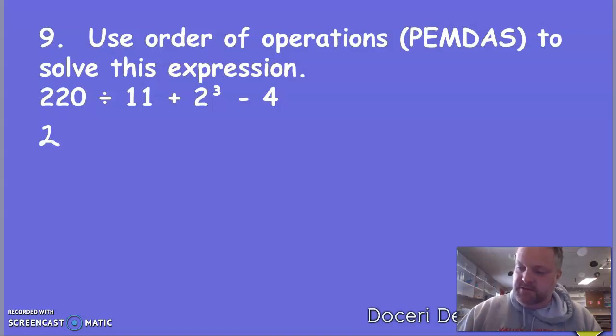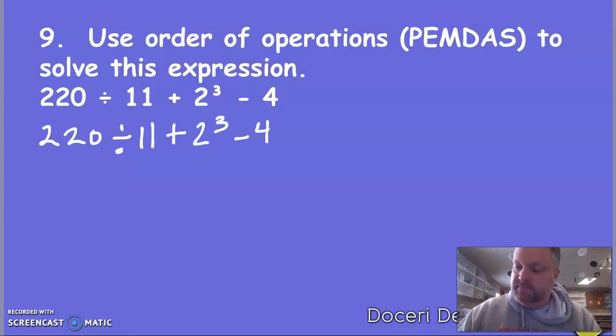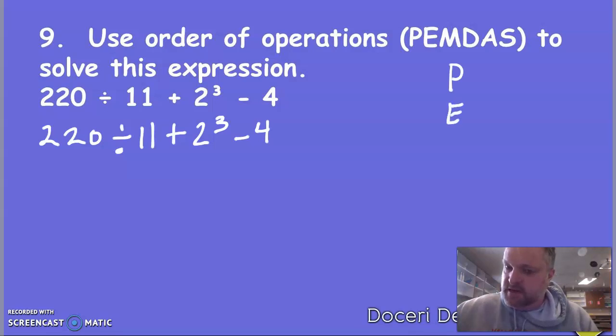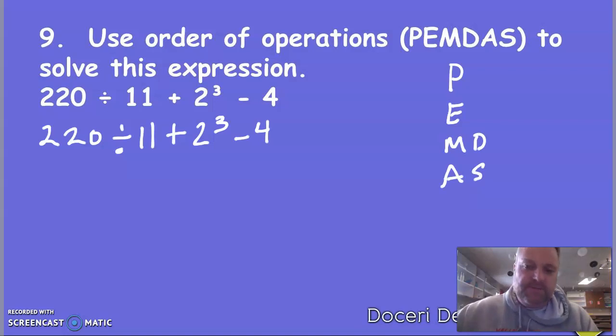So 220 divided by 11 plus 2 to the third minus 4. Over here on the right side, I'm going to write my trusty PEMDAS. And remember, the reason I'm writing the M and the D together is because I can do whichever one comes first. And same thing with addition and subtraction, whichever one comes first.